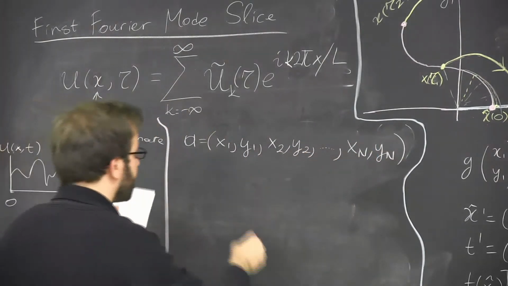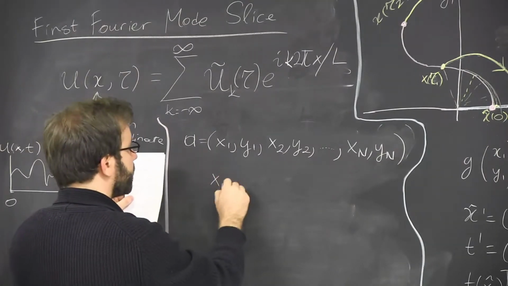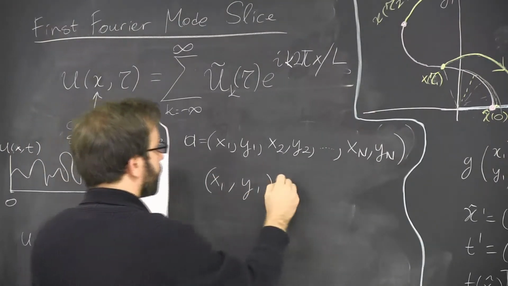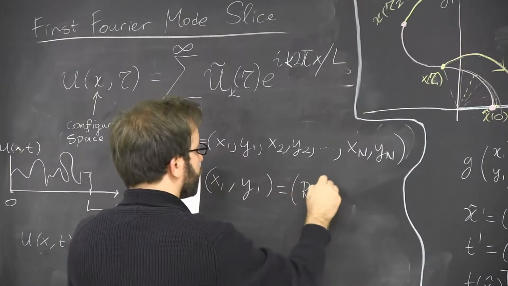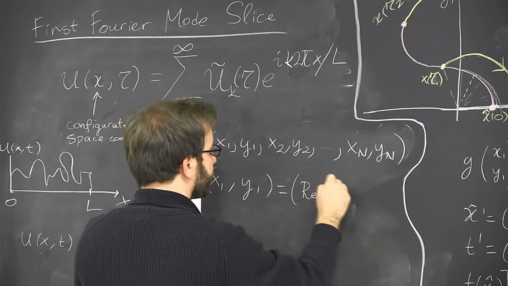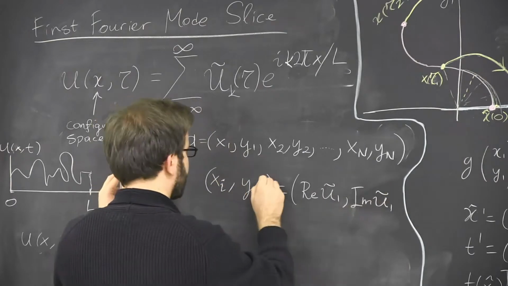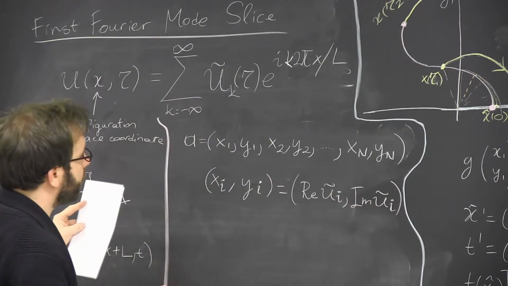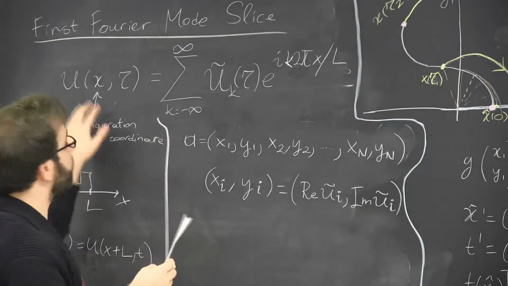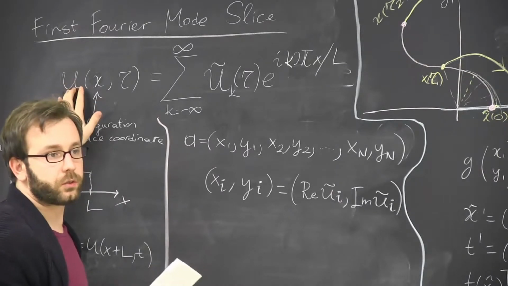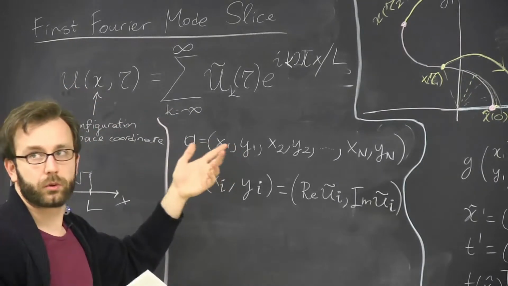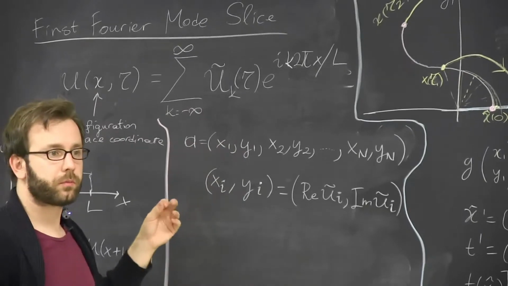Where our coordinates are the real and imaginary parts of Fourier mode amplitudes. And I also assumed that this field is real valued, so I can only take positive Fourier modes.